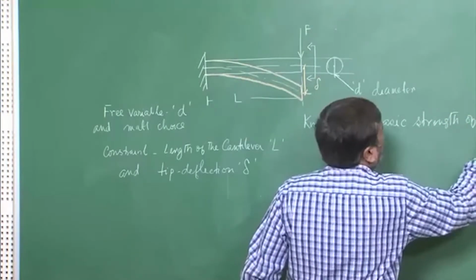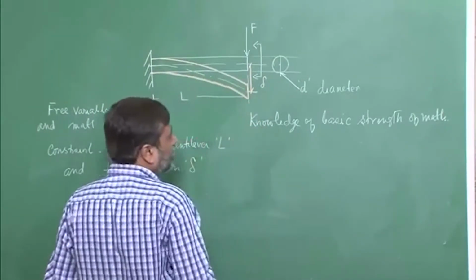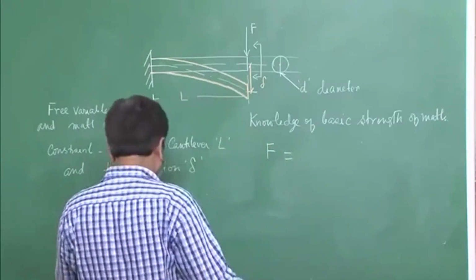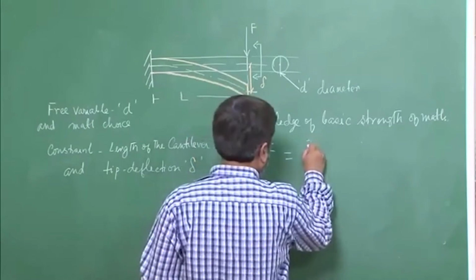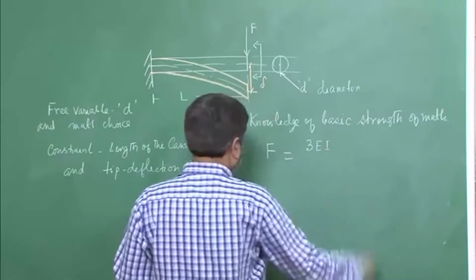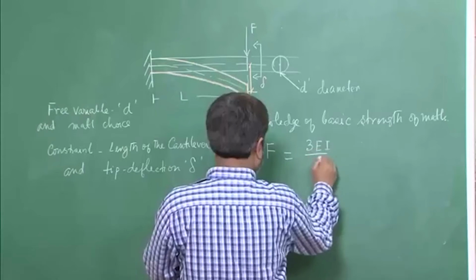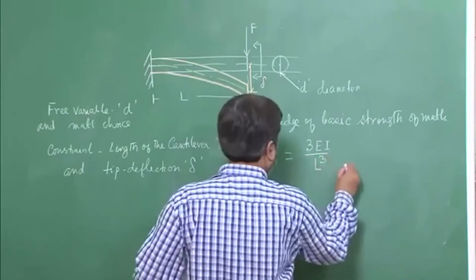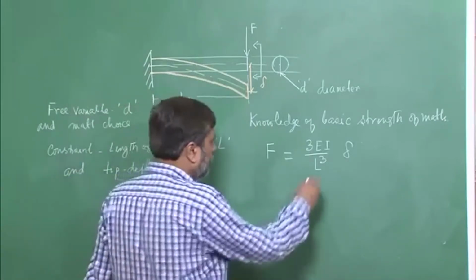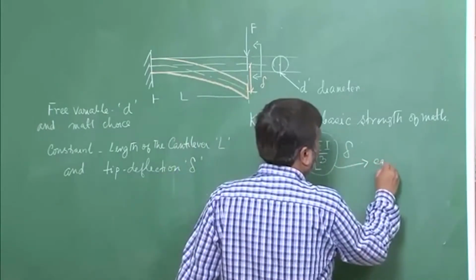We know that the end force and the tip deflection are related in such a manner that F equals 3EI by L cube times delta, where 3EI by L cube is the equivalent stiffness.